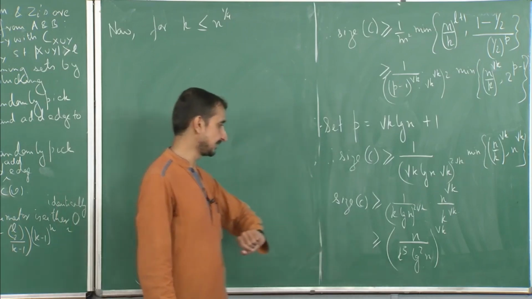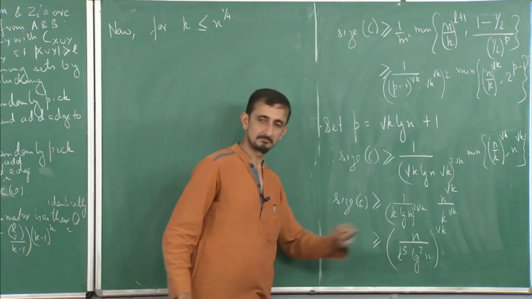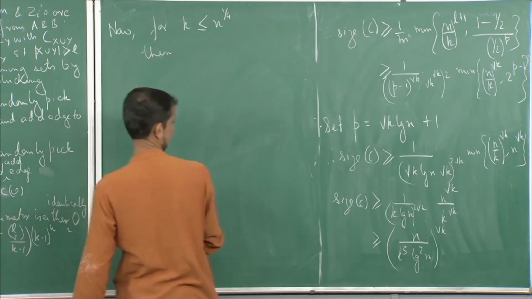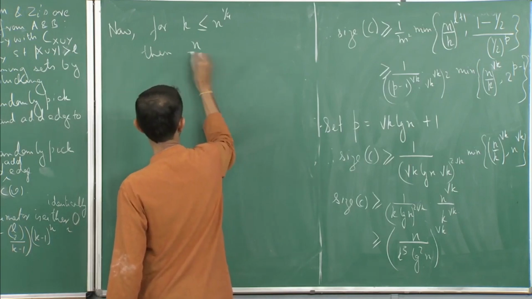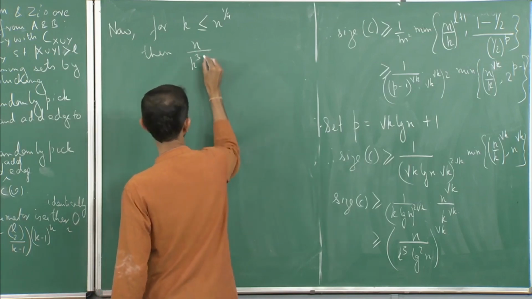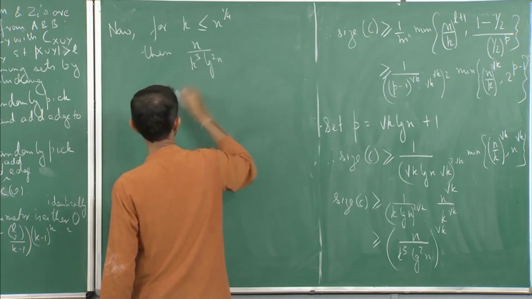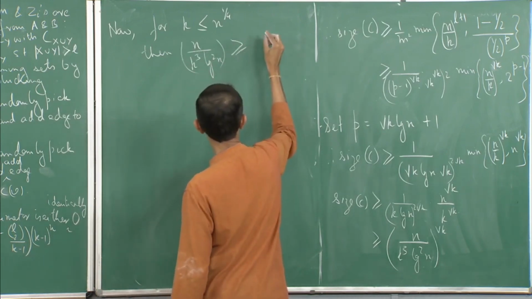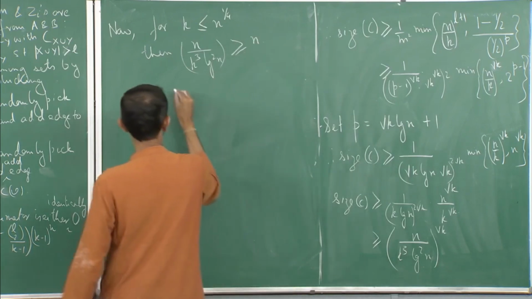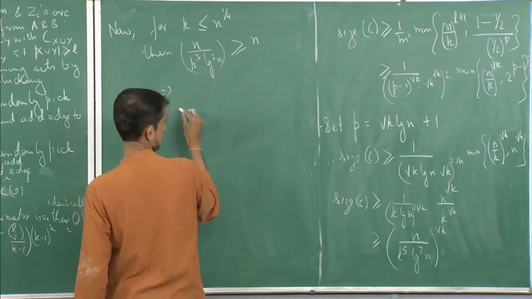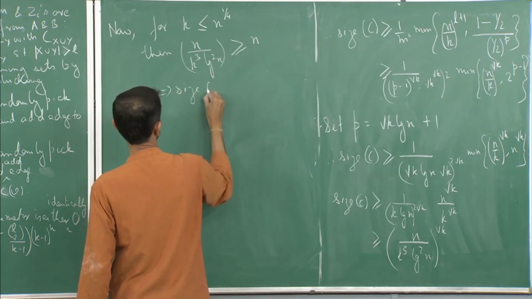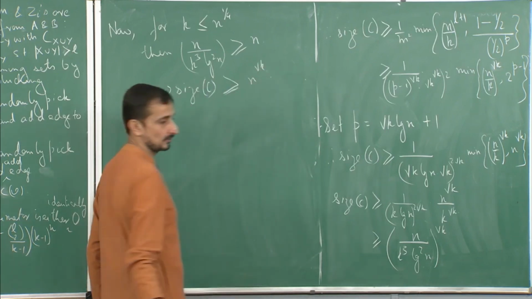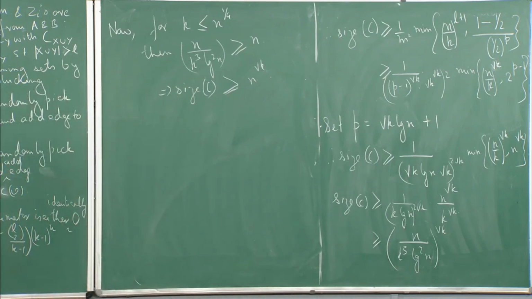So if I set k to be less than n to the power 1/4, then n by k cube log square n is greater than or equal to n, which implies that size of C is greater than n to the power root k. And this is the theorem that I stated yesterday.